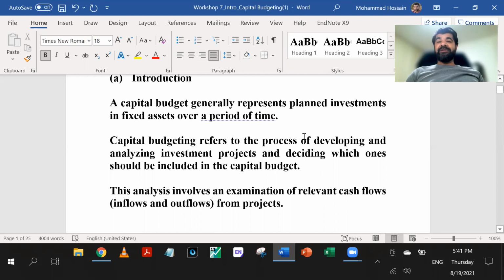What is this process about? The process of developing and analyzing investment projects, and then deciding which ones should be included in the capital budget, deciding which one to go through.